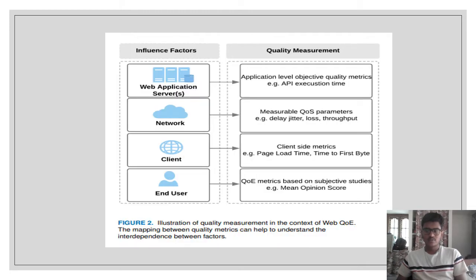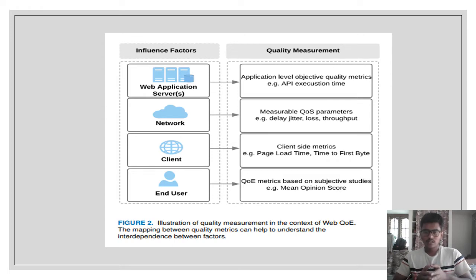So this is figure 2. Here the influence factors are web application servers, the network, the client, and the end user. So we consider the quality measurement for each influence factor. Let us take up the web application server, the application level objective quality metrics, for example, the API execution time. For the network, the measurable QoS parameters are, for example, delay, jitter, loss, and throughput.